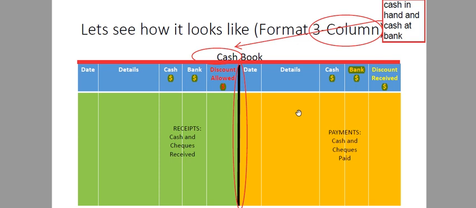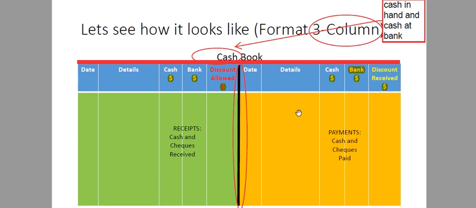And why is it both? Because it records the transactions in the order of date using the source documents. So it's the first record of all the cash and bank transactions. And it also contains the T accounts for cash and bank, which makes it a kind of ledger also, because the ledgers have accounts in them.